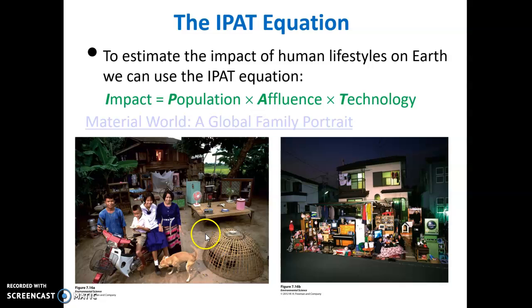So you can see what this family here with Thailand has. They have some kind of cooking area, a table, a fan, but not a whole lot of stuff, right? And you can see this family over here in Japan, also sitting right down here at this table. They have some things the same, but they have a lot more belongings. And I love this book. It's really nice.